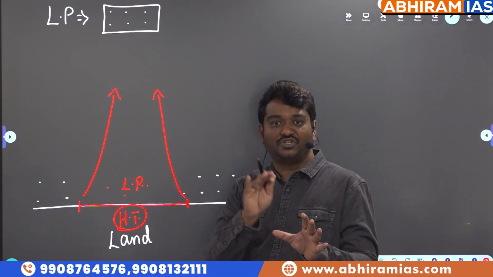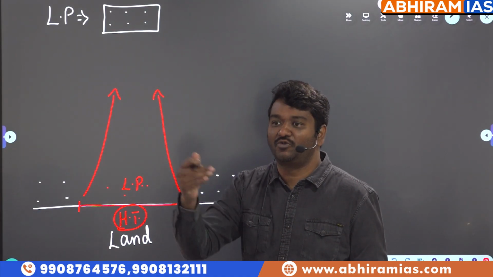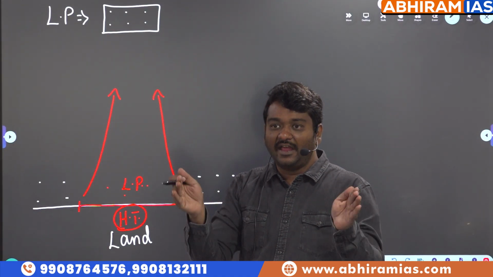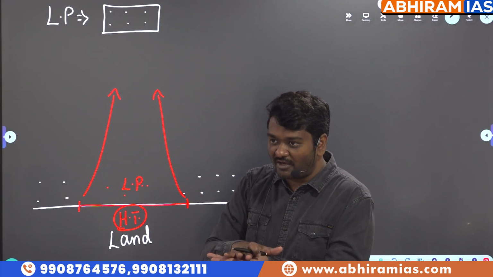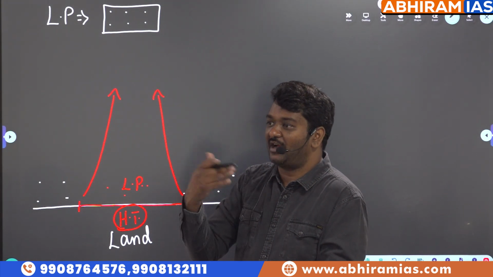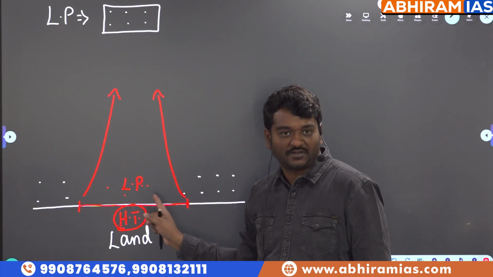This is the reason in geography we just remember high temperature leads to low pressure. But you are not considering air temperature and pressure. You are considering that wherever earth is hot, above that you will have low pressure. If earth is cold, you will have high pressure. You might have heard of this. That is where the concept comes into the picture.